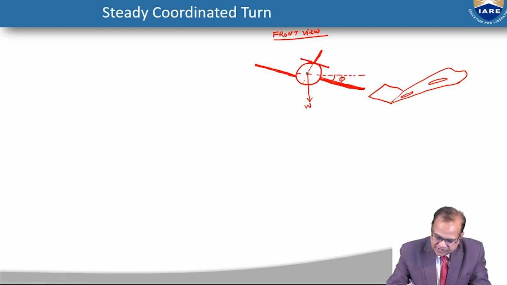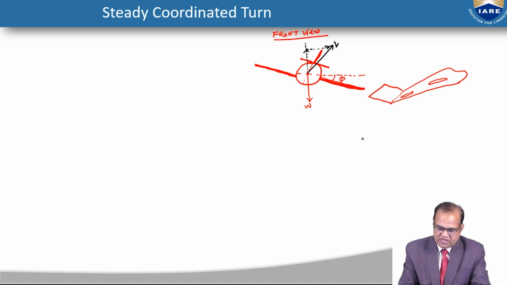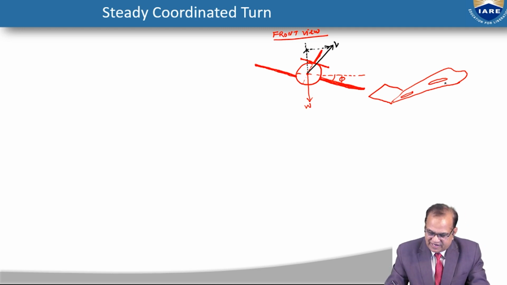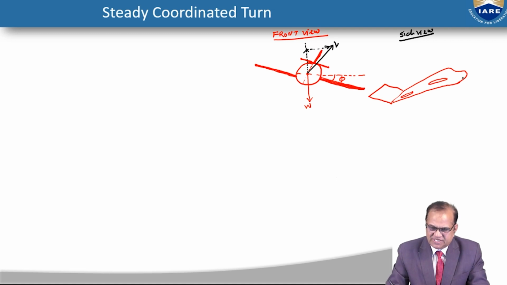So this here is the lift. From here, if I draw like this, then I draw this component of it. Now I will draw the side view. In the side view, we will first see the horizontal.